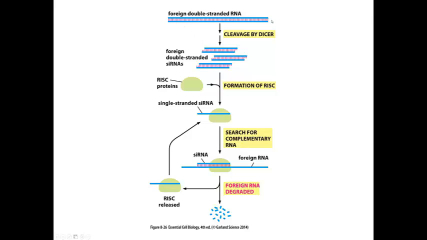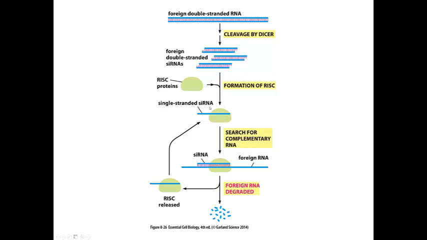Double-stranded RNA is recognized by an enzyme called Dicer, and Dicer cleaves it into fragments about 20 base pairs long. These fragments are recognized by proteins called RISC, and they form a complex with a single-stranded RNA called small inhibitory RNA.